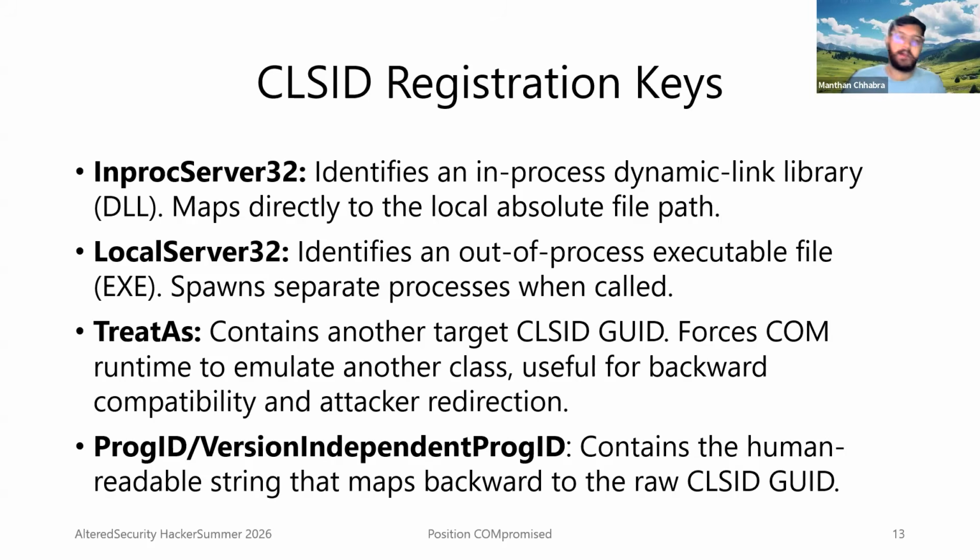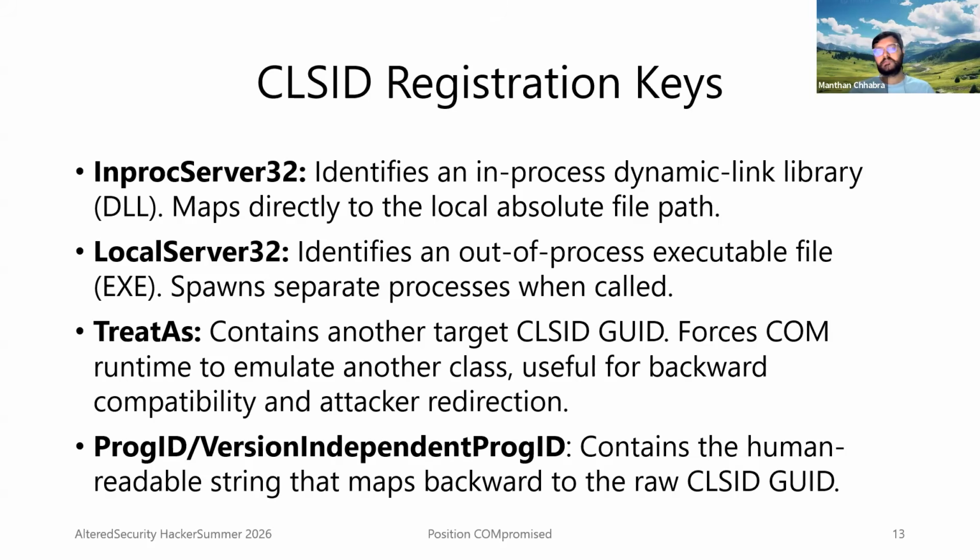Of course, you can modify the path of the DLL file in the InprocServer32, for example, and it could be possible that a high privilege process is going to load a malicious DLL. So it can become an interesting target. That is why there is a separate class of abuse for this called InprocServer32 hijacking.